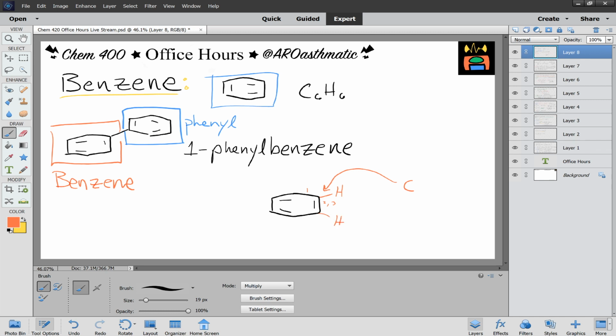And that's actually the case for every carbon on this molecule. So that is that. This is called skeletal structures, or sometimes they're called line structures, stick structures, sticks and bones. That's that good business.